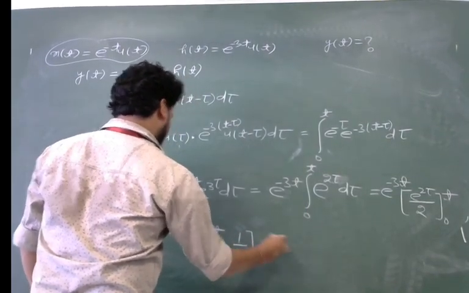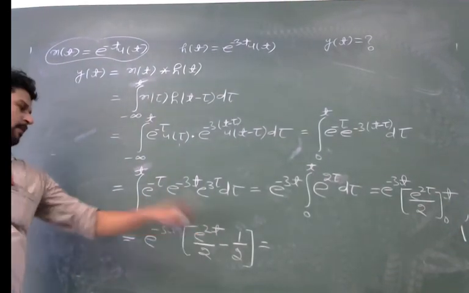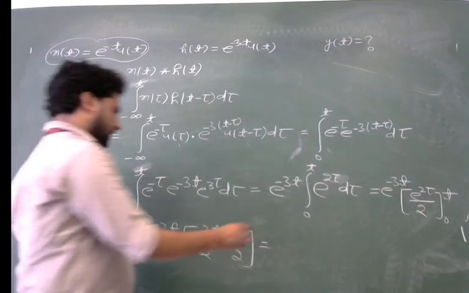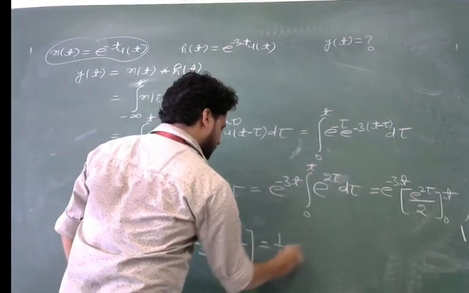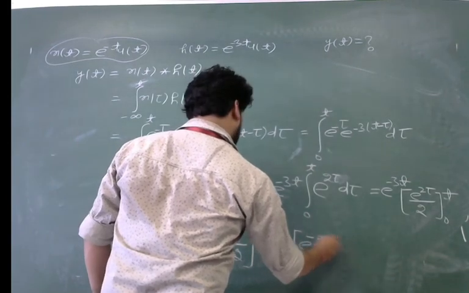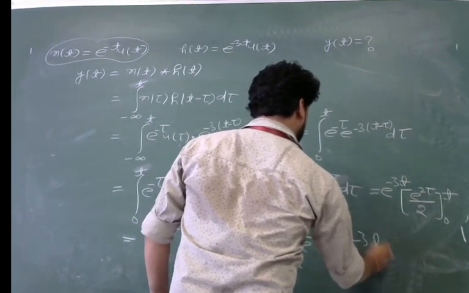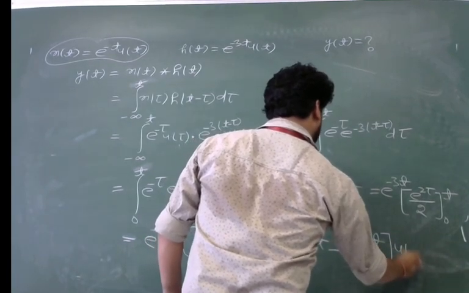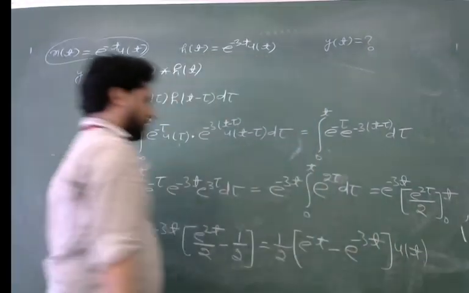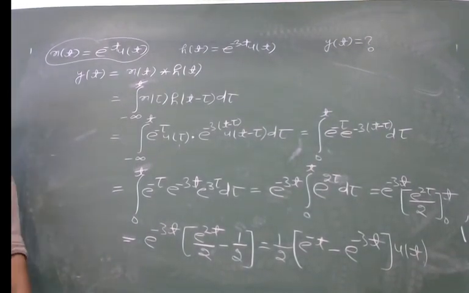So this becomes 1 by 2 into (e^(-t) minus e^(-3t)) u(t).